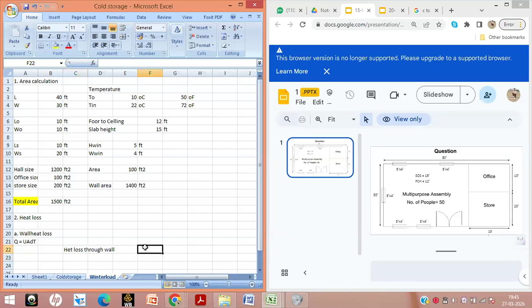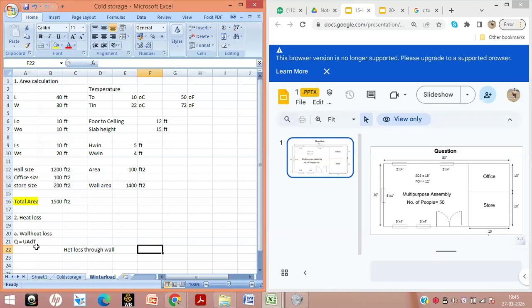So let's consider. We already discussed multiple times how we can calculate this overall heat transfer coefficient, which is U. A is nothing but your area that contributes to heat transfer, and temperature delta T is the temperature difference between outdoor and indoor.